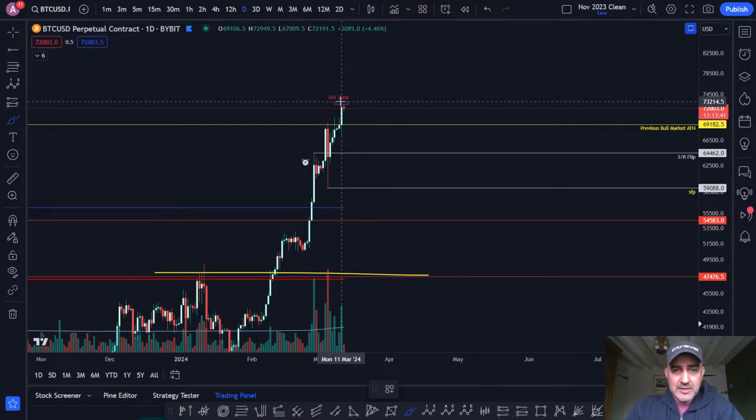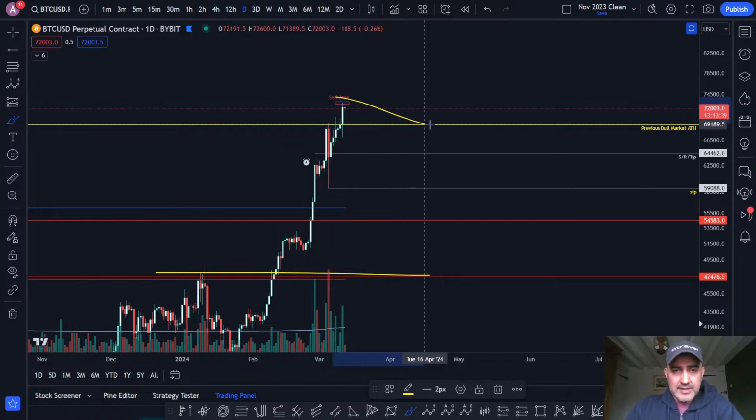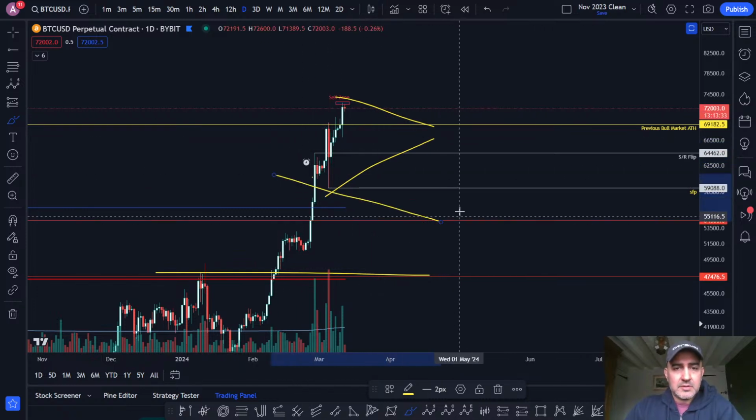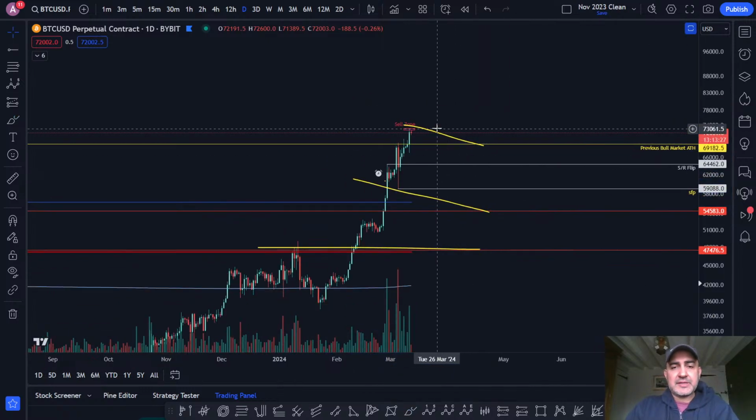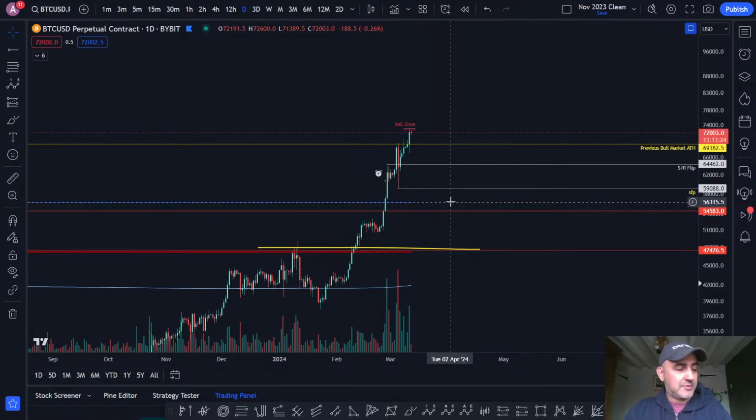And it could form anything, you could form a pennant, you could form a flag, anything can happen here. I find it very difficult to think that we're just going to go down. Who knows? Anything can happen.